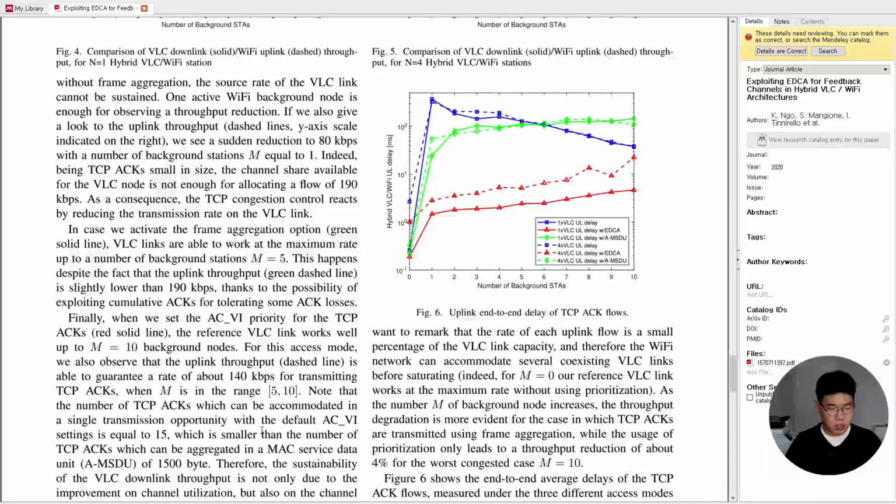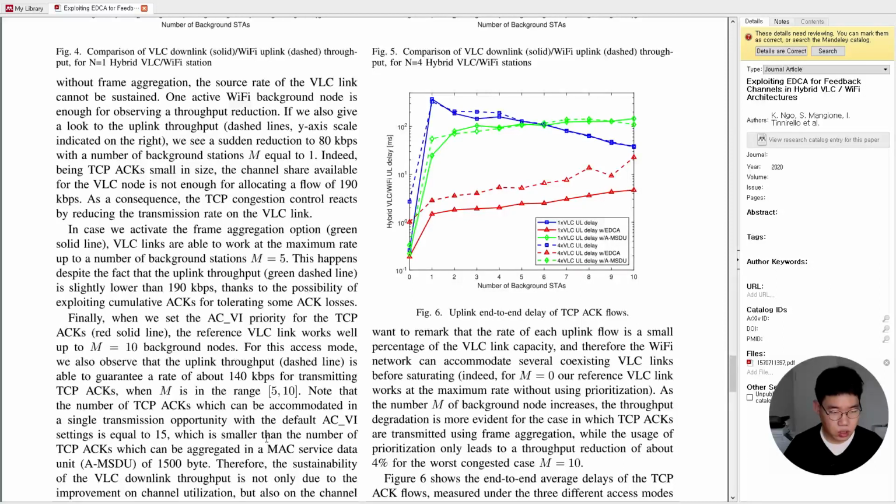Finally, we set the AC_VI priority for the TCP ACKs, red solid line. The reference VLC link works well up to M equal to 10 background nodes. For this access mode, we also observe that the uplink throughput, dashed line, is able to guarantee a rate of about 140 kbps for transmitting TCP ACKs when M ranges from 5 to 10.